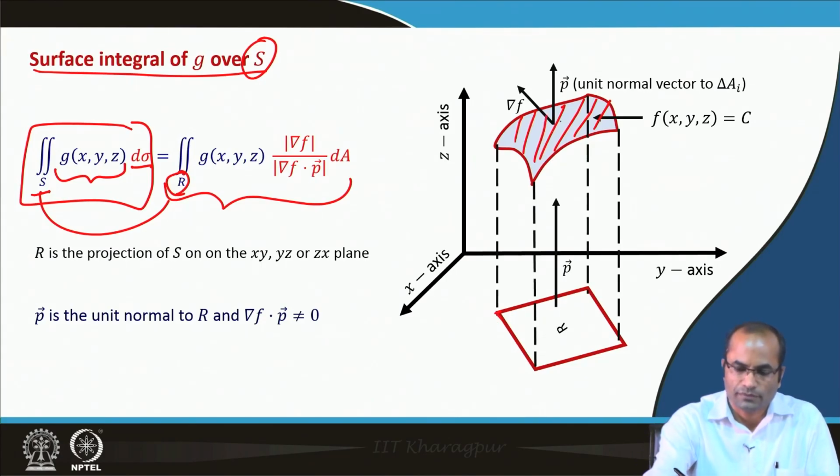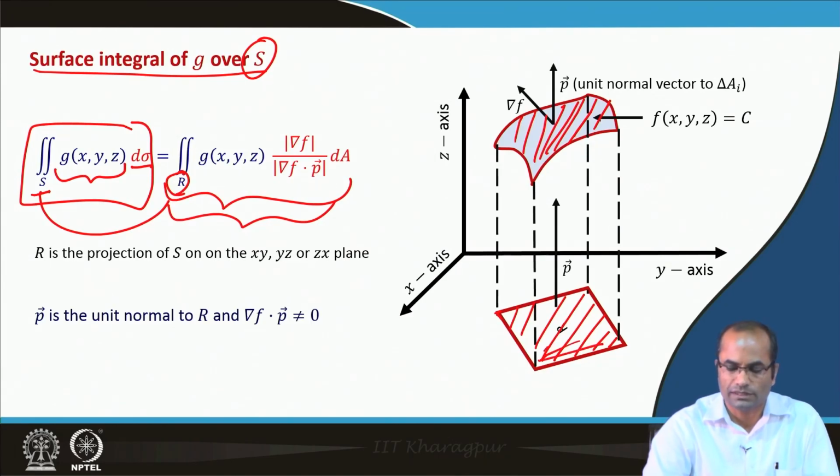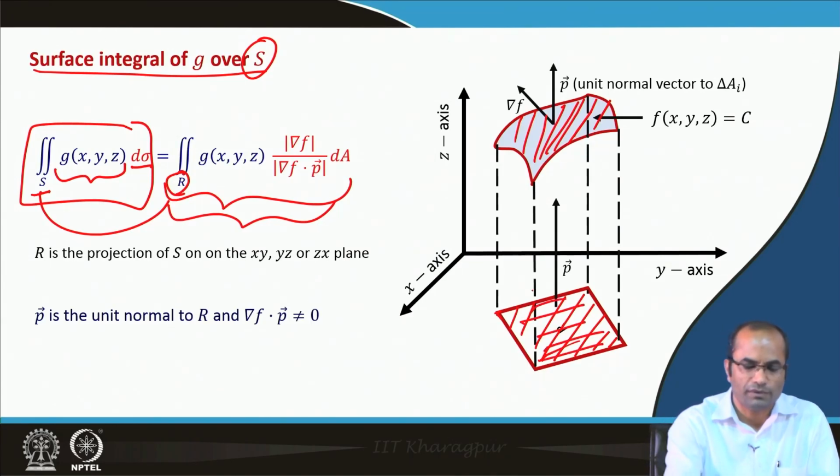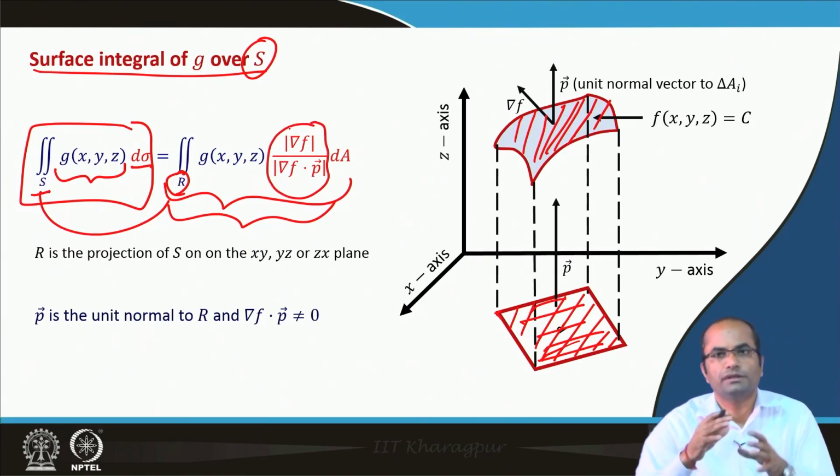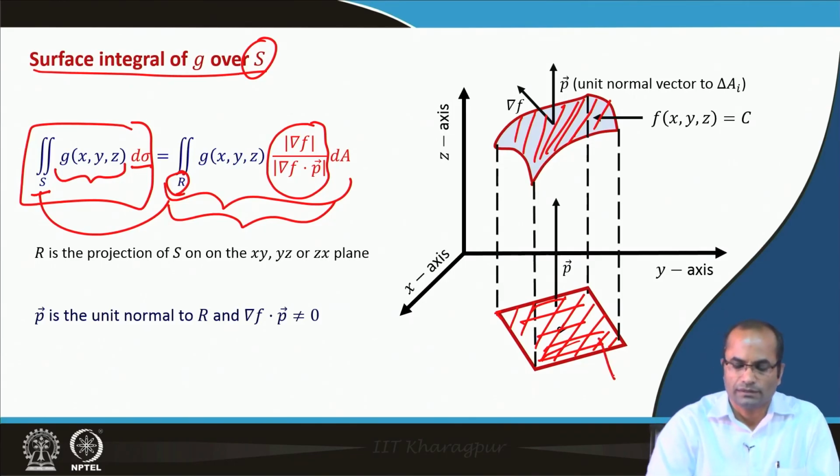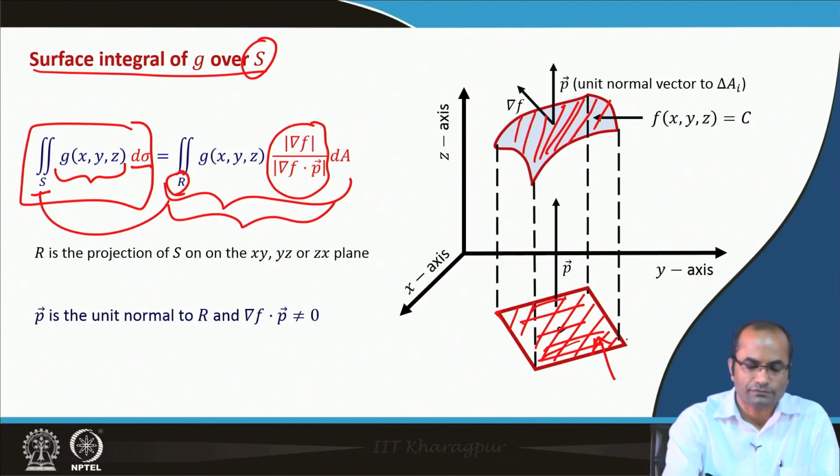So, suppose this surface is being projected on this x y plane, then we have this R here on the x y plane. So, this double integral will be evaluated on this region R in the x y plane, and there is an additional factor here because of the difference between the curvature of the surface and the plane area on the x y plane.